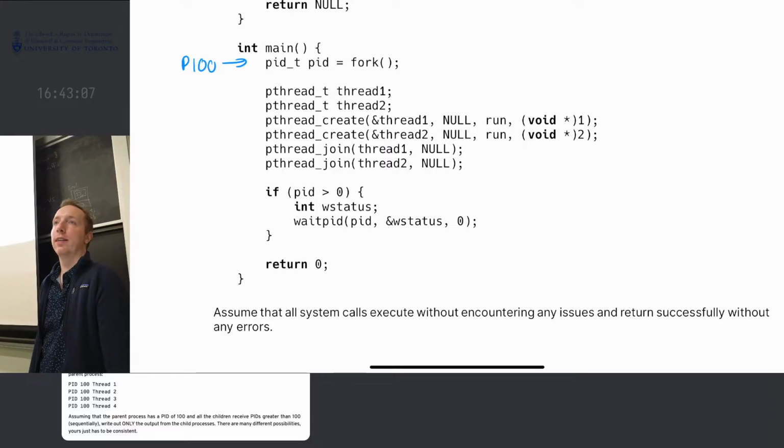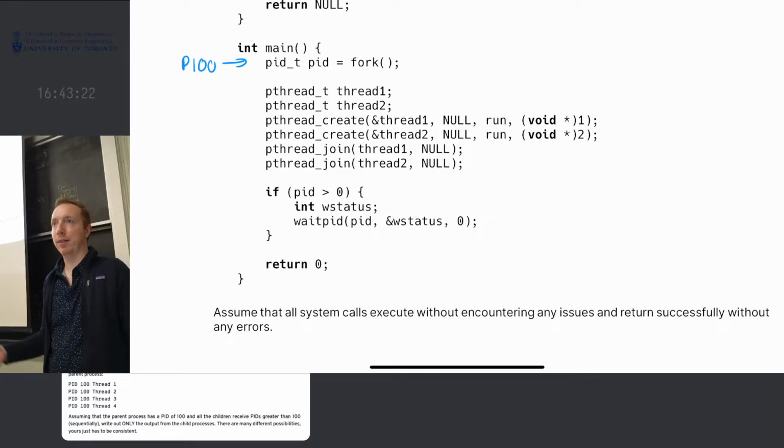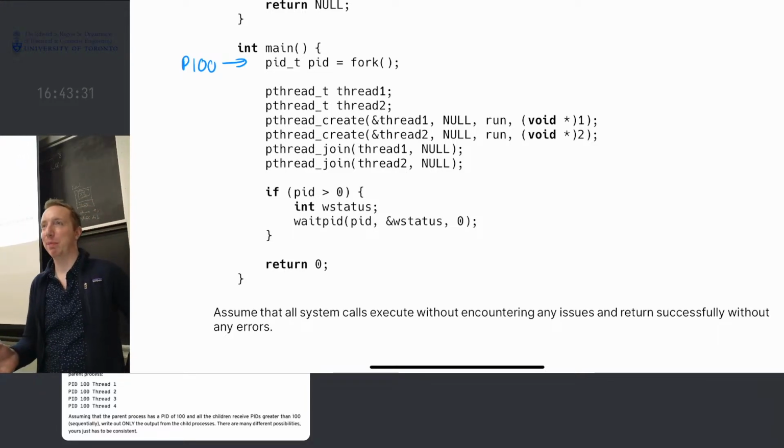Sorry, just one question. If it's not explicitly stated what the PID of the currently running process is, do we just assume any number we want? Yeah. If it's not stated what the running process is, state whatever you want, as long as it makes sense. So you can say init, like 1. If you say 1, I might be like, that's kind of weird, but it might be okay.